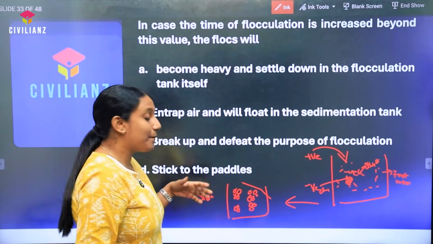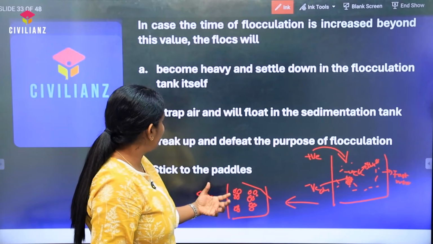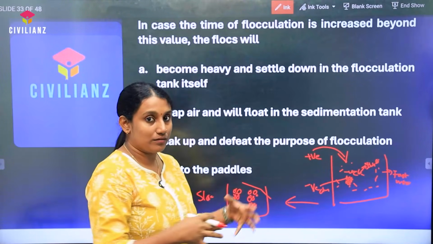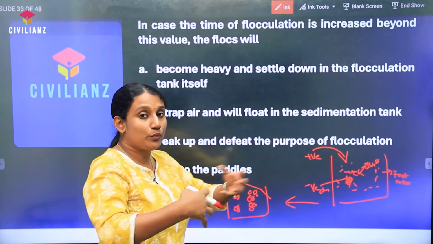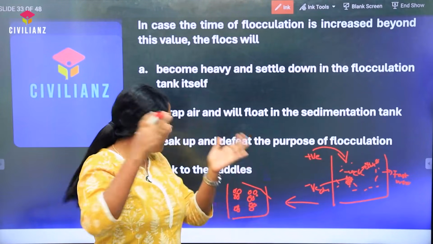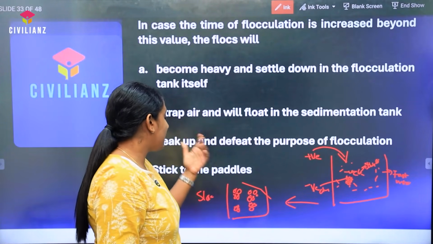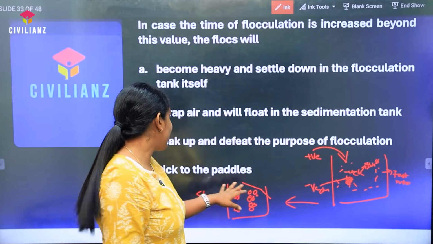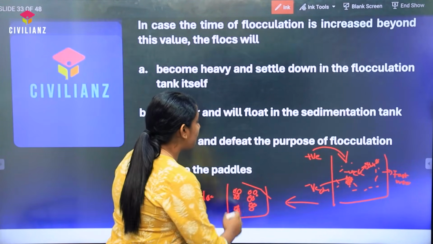In some cases, if the mixing speed increases, the flocks try to break up. What is the aim of our process? To combine the particles with each other so they are easy to remove from the water. So this is flocculation.